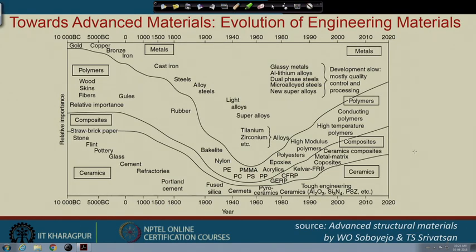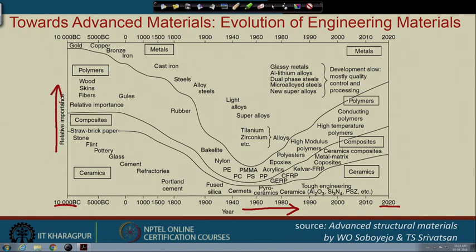Now, if you kindly have a look at this slide, towards advanced materials, evolution of engineering materials, in the x axis we have plotted the year of development from 10,000 BC to 2020 expected, and in the y axis we have the relative importance.